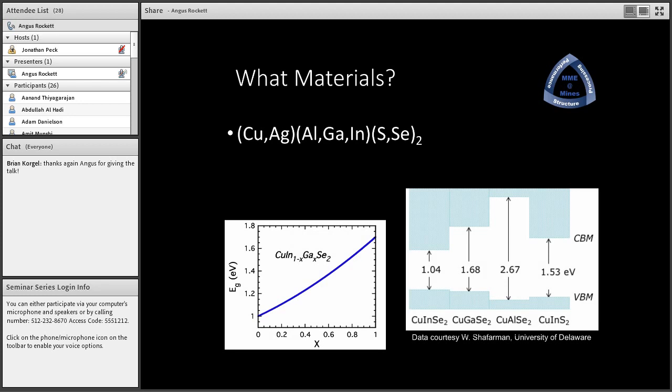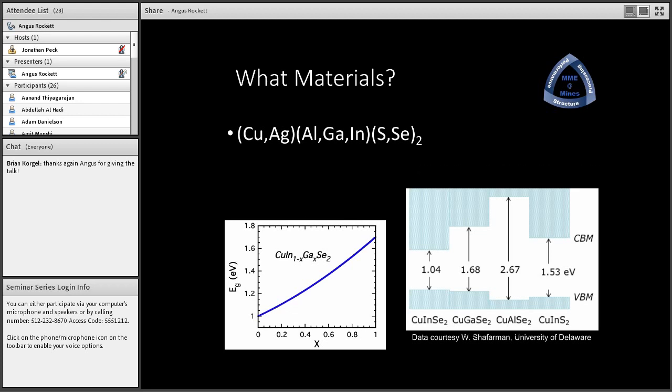And as I said, pretty much all of these alloys, to the extent that anybody has studied them, have found that the materials are miscible. There are no obvious miscibility gaps. And there's not a large amount of band gap bowing, which is consistent with the idea that you've got good miscibility in the materials.